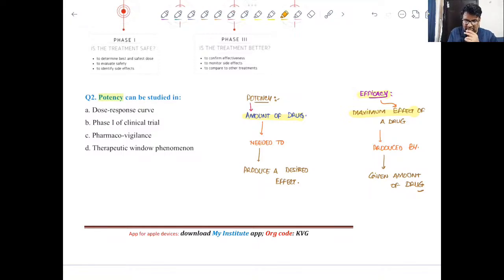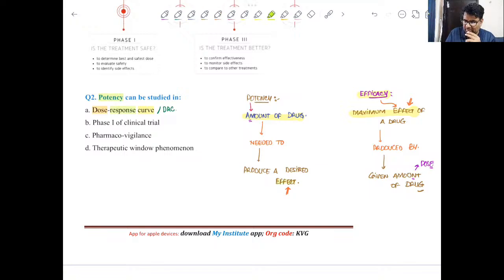So both of these can be studied from the dose response curve. Clear? So potency and efficacy both can be studied from the dose response curve, which is written as DRC in short. Obviously dose is actually the amount, right? So amount is dose, and response is actually effect.